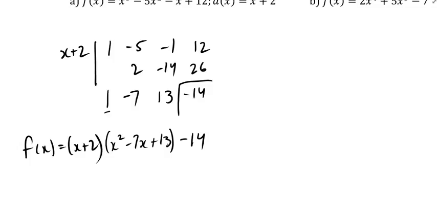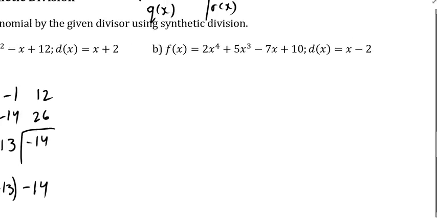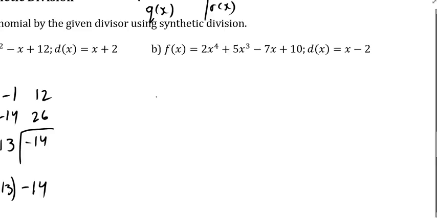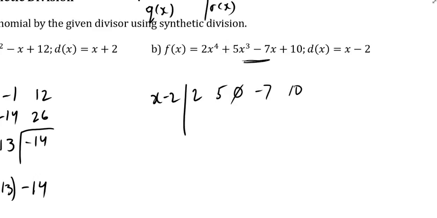Okay, let's try it again. So line up my coefficients. 2, 5, look, the x squared term is missing again, so we need a 0, negative 7, and 10. First step, bring down the 2.